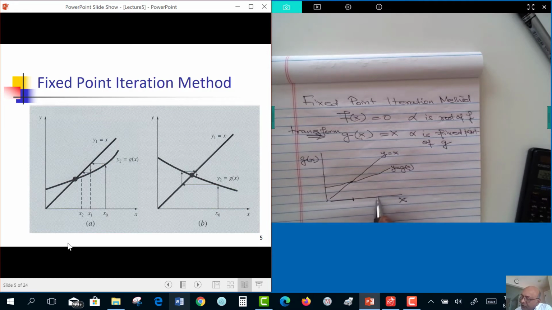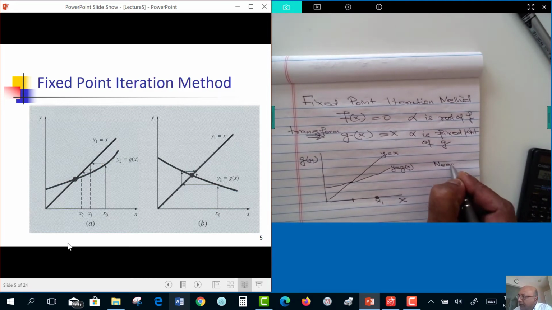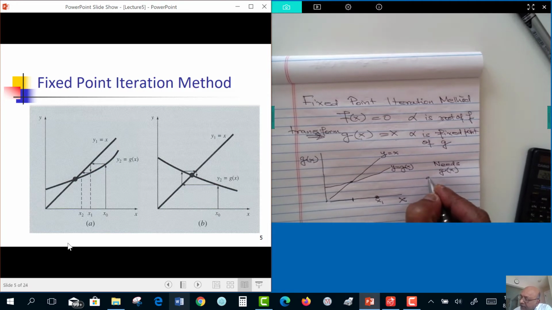So notice, suppose we start with the initial guess, x1. So this method needs a function g(x) and initial guess x. Let's call it x1.